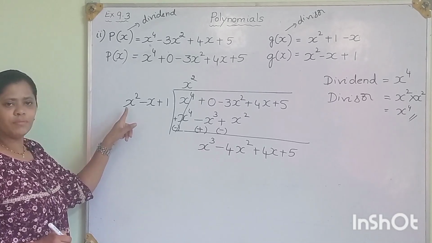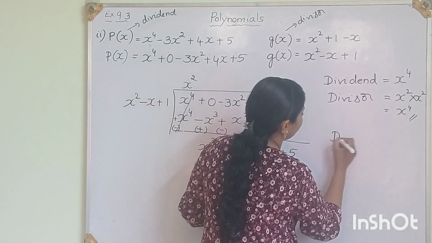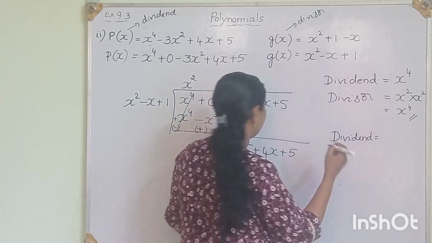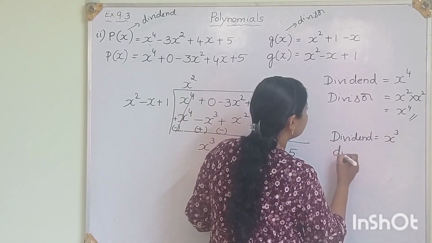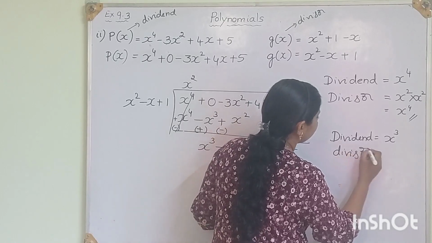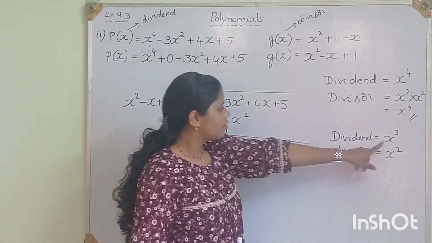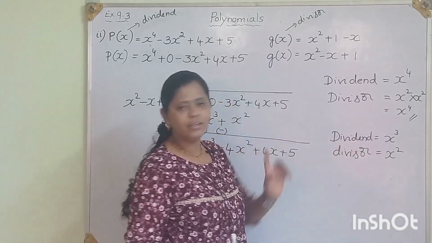And which is the first term of the divisor? That is x square. Right? Dividend is x cube and divisor is x square. See here, the degree of the dividend is more compared to the divisor.